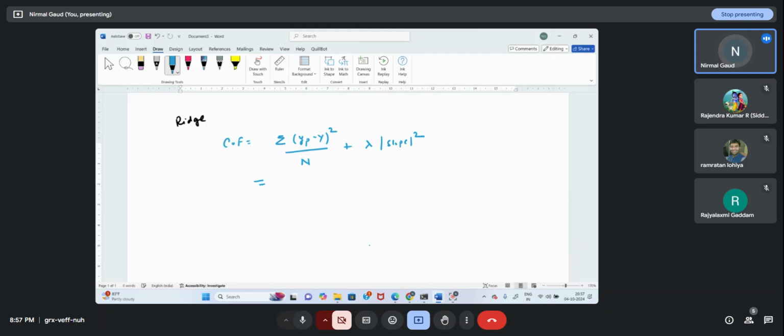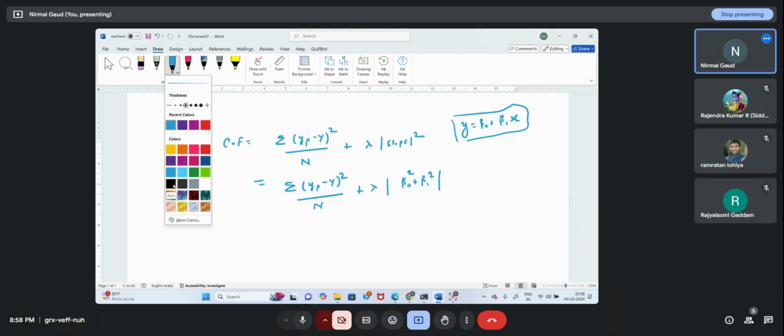It can also be written as summation of (yp minus y) whole square by n plus lambda into (beta naught square plus beta 1 square). Okay, that's it. Let us suppose we are having y equal to beta naught plus beta 1 x. That's it. Just suppose this. Got it.